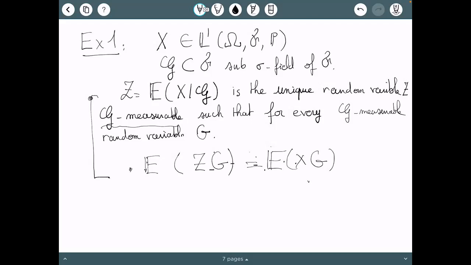It will work. It will make the job. So it's the reason for which the second condition that I wrote is correct.